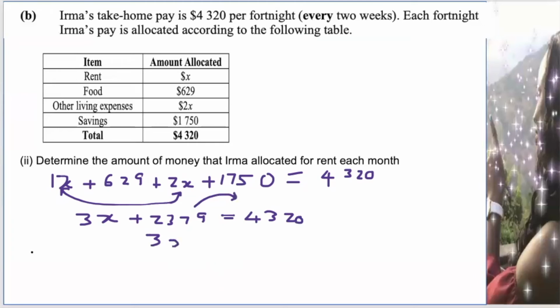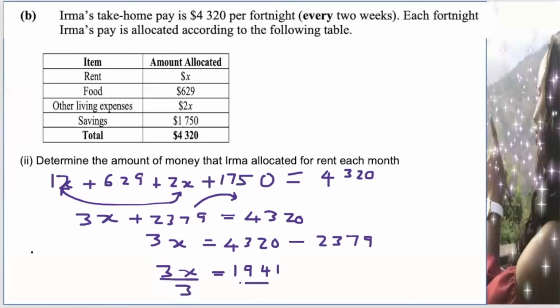So we have 3x is equal to $4,320 minus $2,379. So we have 3x is equal to $1,941. Then we divide both sides by 3.